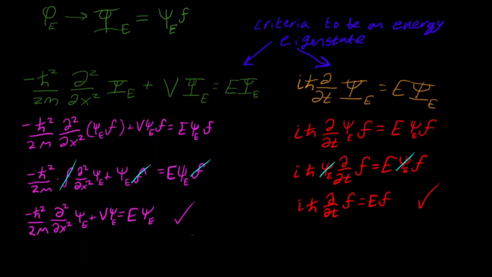So now we know that because energy operators are Hermitian, the eigenfunctions have to form a complete basis, so any wave function can be expressed as a superposition of energy eigenfunctions. And given that, we also know that the Schrodinger equation is what is called a linear equation.